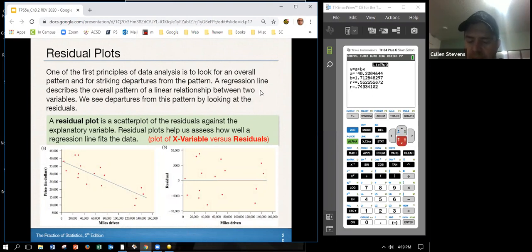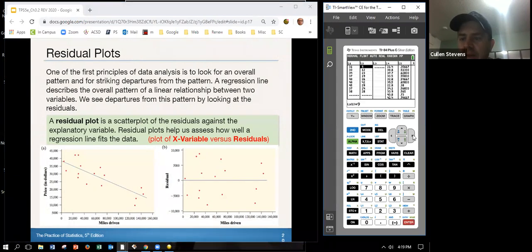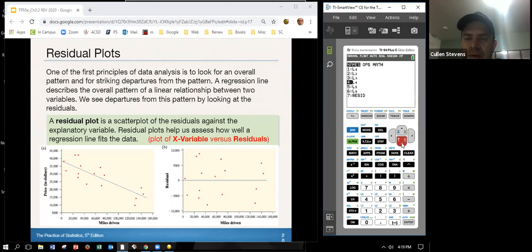So if I go back to my stat and I go to edit the different lists that I have here, I can see all my lists, right? But if I go into stat and I go second list, what I can see down here is what's called resid. So I can see that I can put my residuals, whoops, sorry.